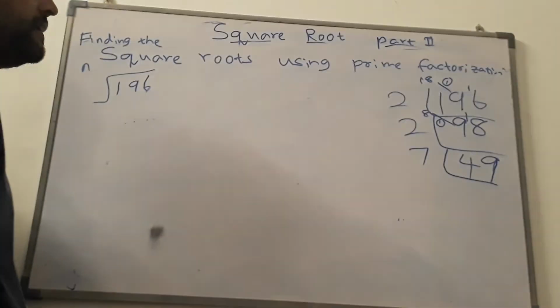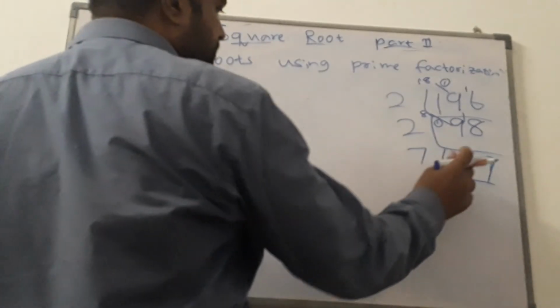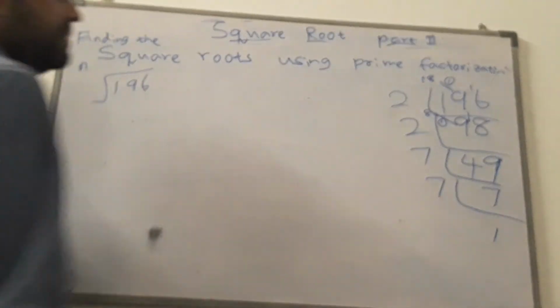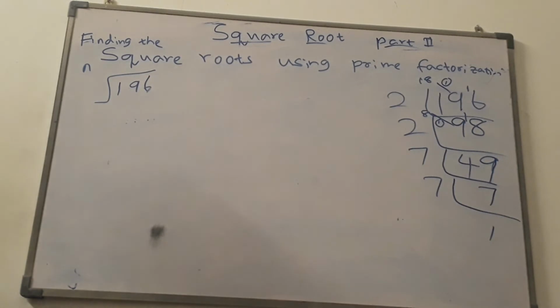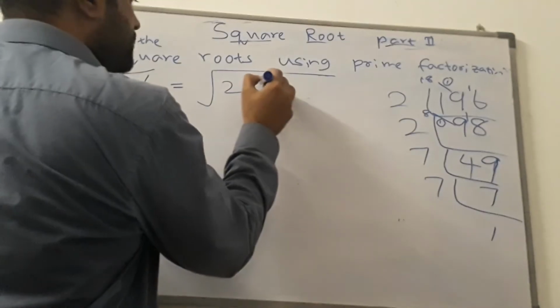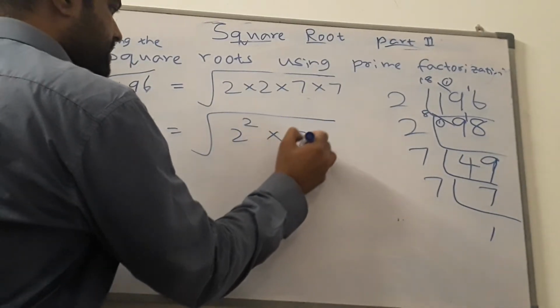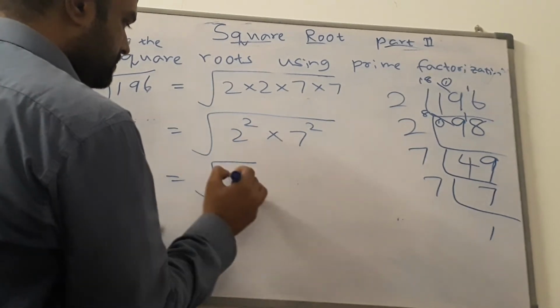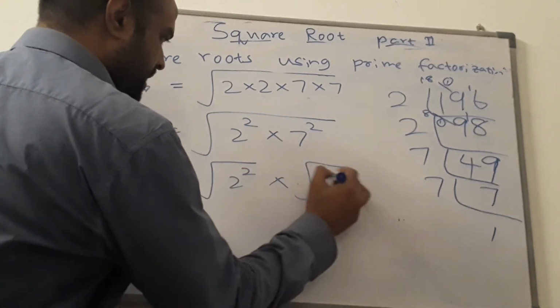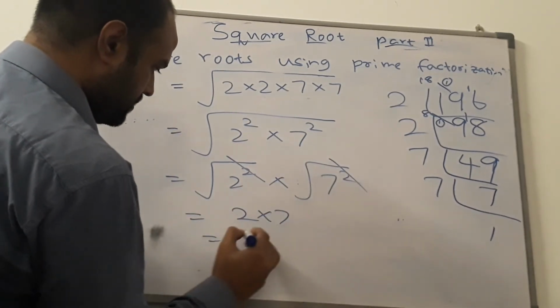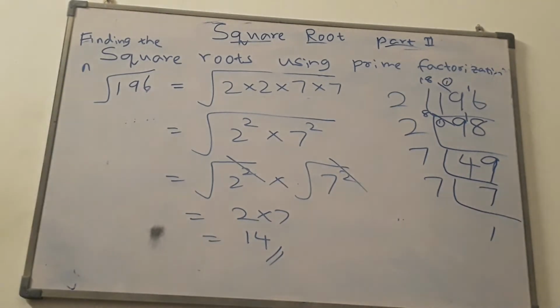So 7 is a factor of 49, and we can divide 49 by 7. The answer is 7. Again we can divide by 7 until 1. So this is equal to 2 times 2 times 7 times 7, which is 2 squared times 7 squared, separately. So 2 times 7 means 14. We get 14.